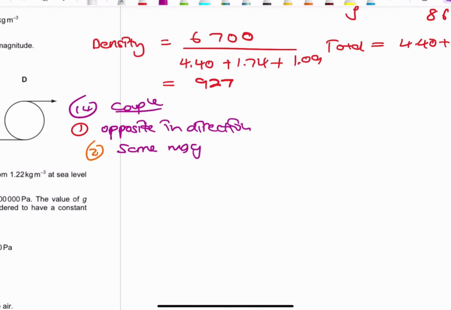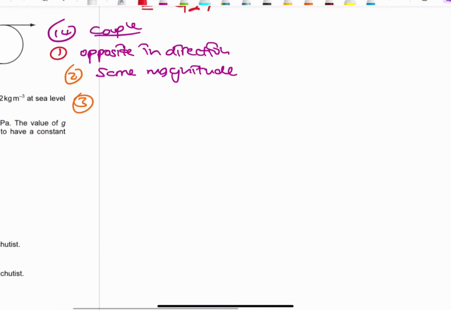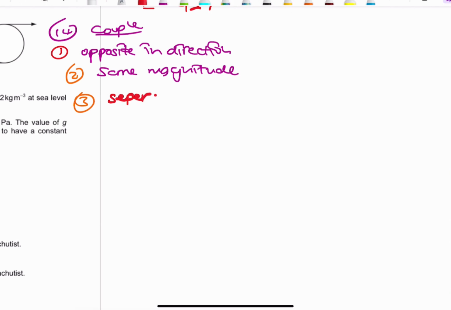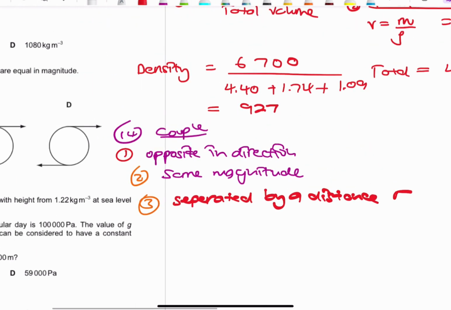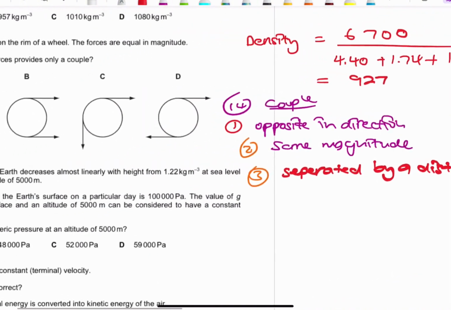Number three, they need to be separated by a distance r. So they need to be opposite in direction, same magnitude, and separated by a distance r.